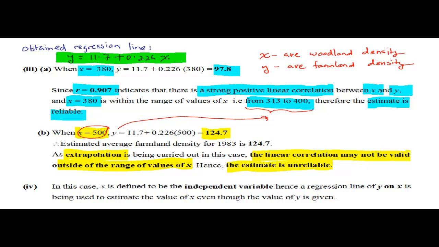In this question, it is said that counting blackbirds in the woodland is easier than in the farmland, and it is also used to predict the average density of blackbirds in the farmland. So x is the independent variable, and therefore, to form the regression line, we definitely need to do a regression line of y on x.